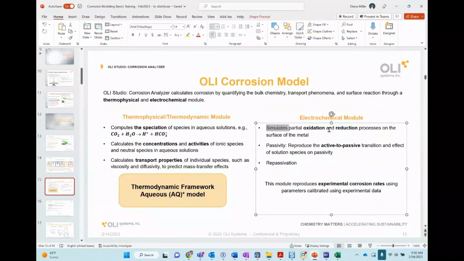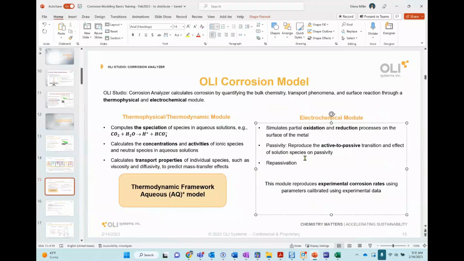But this is what's new, the electrochemical module. We simulate partial oxidation and reduction processes that happen on the surface of the metal. We also simulate passivity. We can reproduce the active to passive transition and the effect of solution species on passivity. There are some species, molybdates for example, or chromates, that will cause passivity, and we will take those into account in the model.